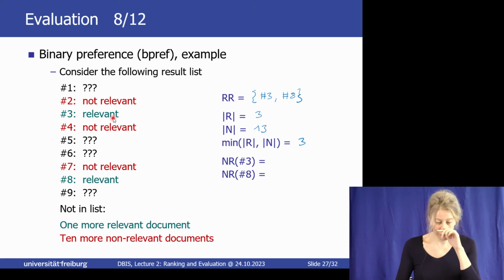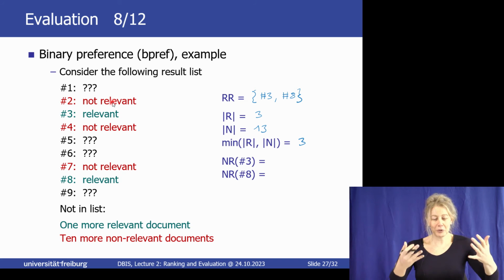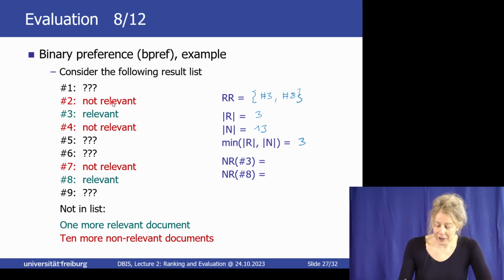This you can do. And this is what we do here. And we can say, here's a relevant one, and 1 not relevant one comes before this, which is already not good, right? You shouldn't have not relevant ones come before relevant ones. And that's just what this counts, just how many non-relevant ones come before it. So it's actually very simple. So this is just 1.